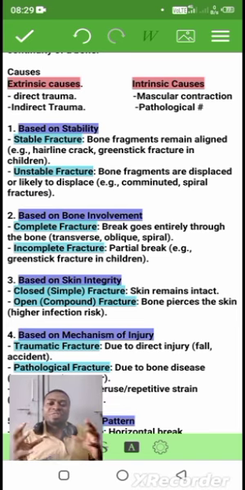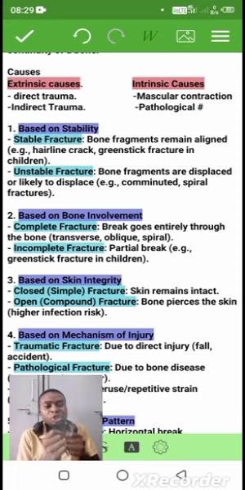The other one is called incomplete fracture. There is just a partial break, which is found in children, the greenstick, like I explained earlier.